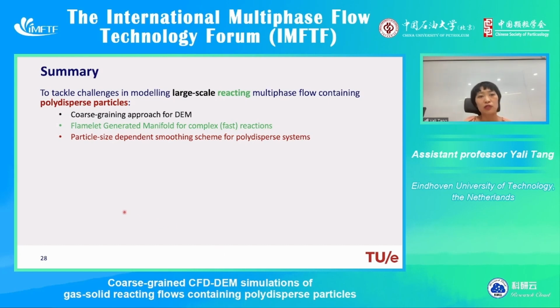We have this coarse-graining approach to tackle large-scale simulations. And we also incorporate the FGM method for complex gas reactions. And for polydisperse size particles, we have developed a particle size dependent smoothing scheme, which can really capture the dynamics and also the mass and heat transfer of polydisperse particles in the system.